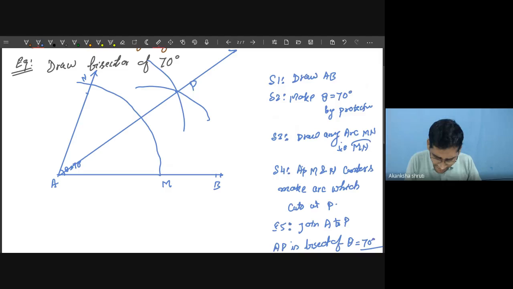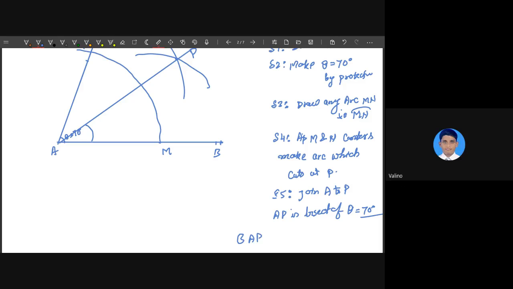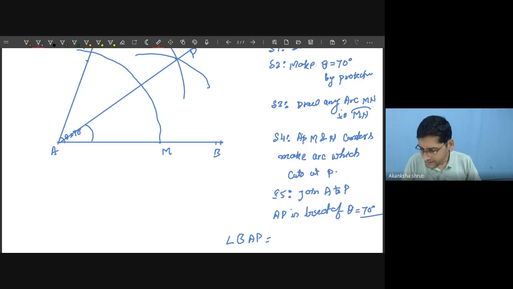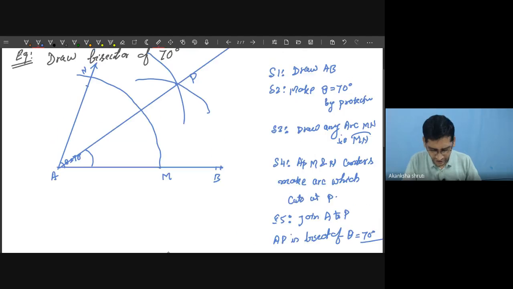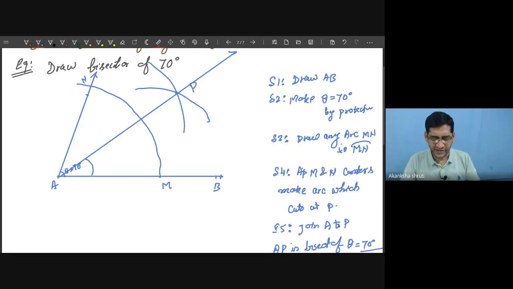So we have to observe, if you are measuring MAP, or BAP, this will be your 70 by 2, measured as 35 degrees. Other, you may also take NAP, this angle will also be 35 degrees. Okay, student, it is half of the 70 degrees.